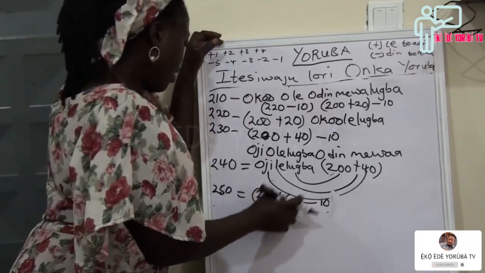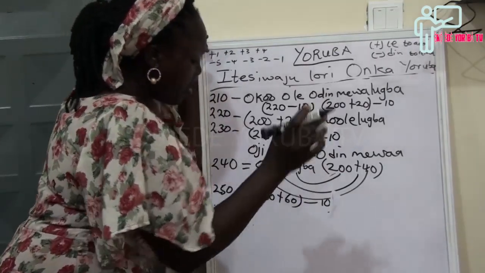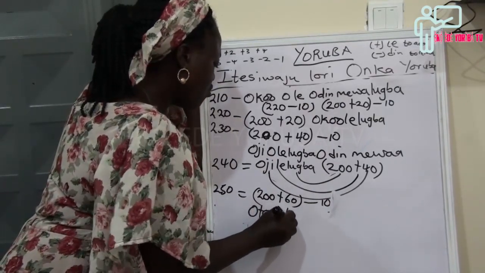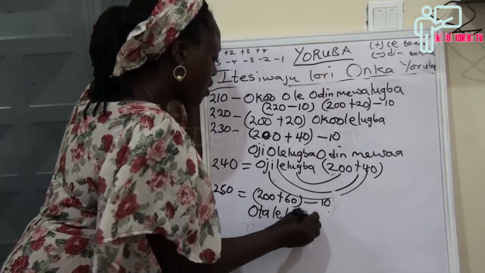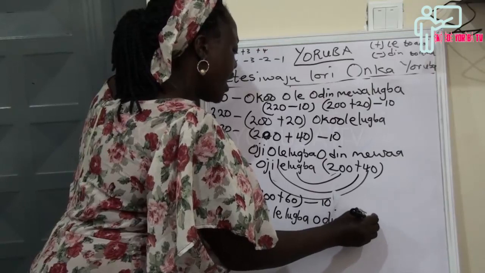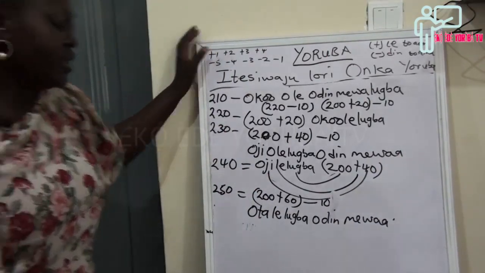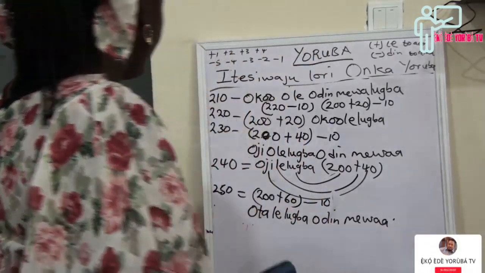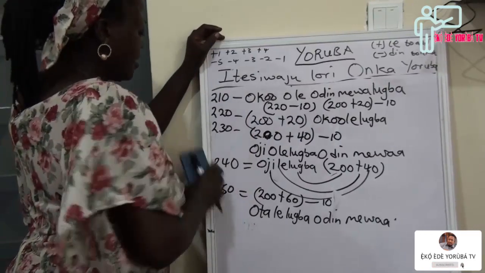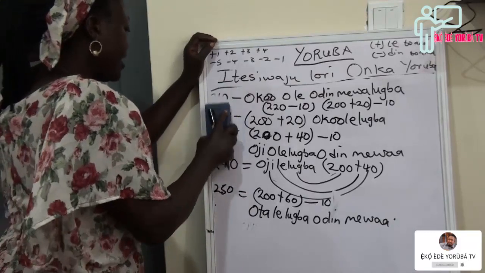So ọ̀tàlélúgba ó dín mẹ́wàá. So 260 now will be ọ̀tàlélúgba.